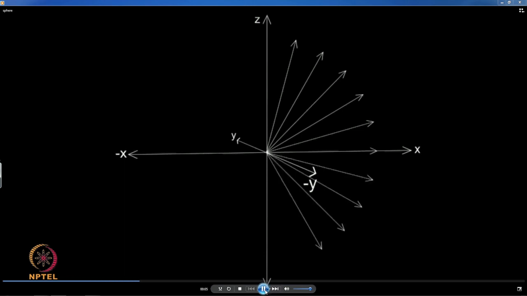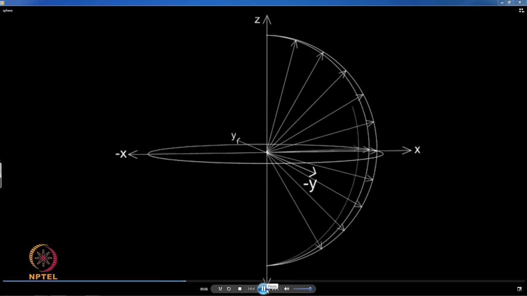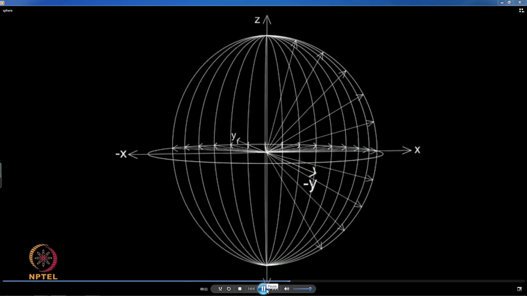So that is a variation of theta, and theta varies from 0 to pi only, and the other angle is of course the azimuthal angle phi, in a plane perpendicular to this, and if you rotate this semi arc by 2 pi, you generate the surface of the sphere. So that is the azimuthal angle phi with respect to a chosen x axis.